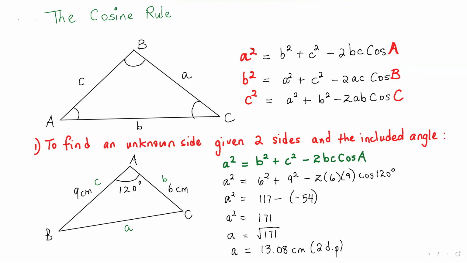The next situation when you use the cosine rule is to find an unknown angle. So this is the second case.